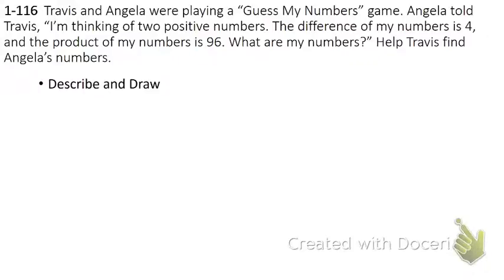So in my describing, first I'm going to write in some of the important information. I do know that we're dealing with 2 positive numbers. Also looking at this, I know that the difference of the numbers is 4.